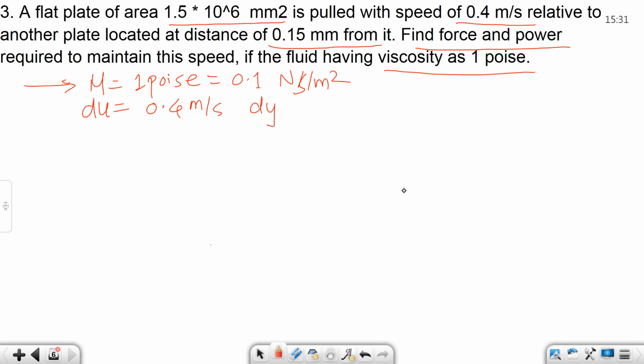The small change in distance dy is the distance between the plates, 0.15, which is 15 millimeter. So just take a conversion, 10 raised to minus 3 meter. So mu as a viscosity is 0.1 in SI system Newton second per meter square, velocity in meter per second, and this dy is given.